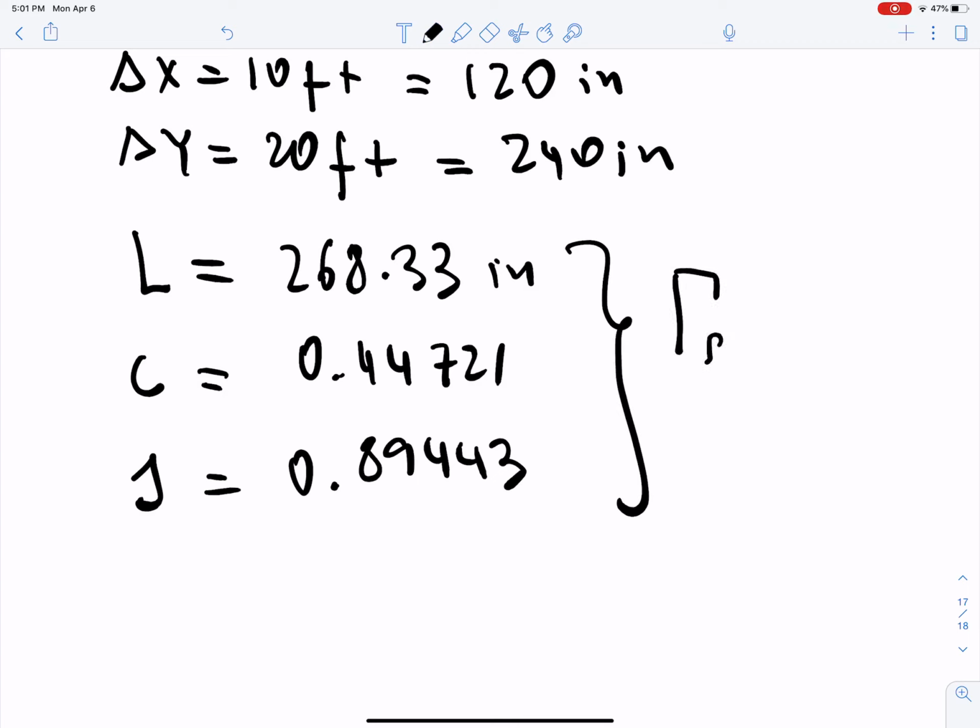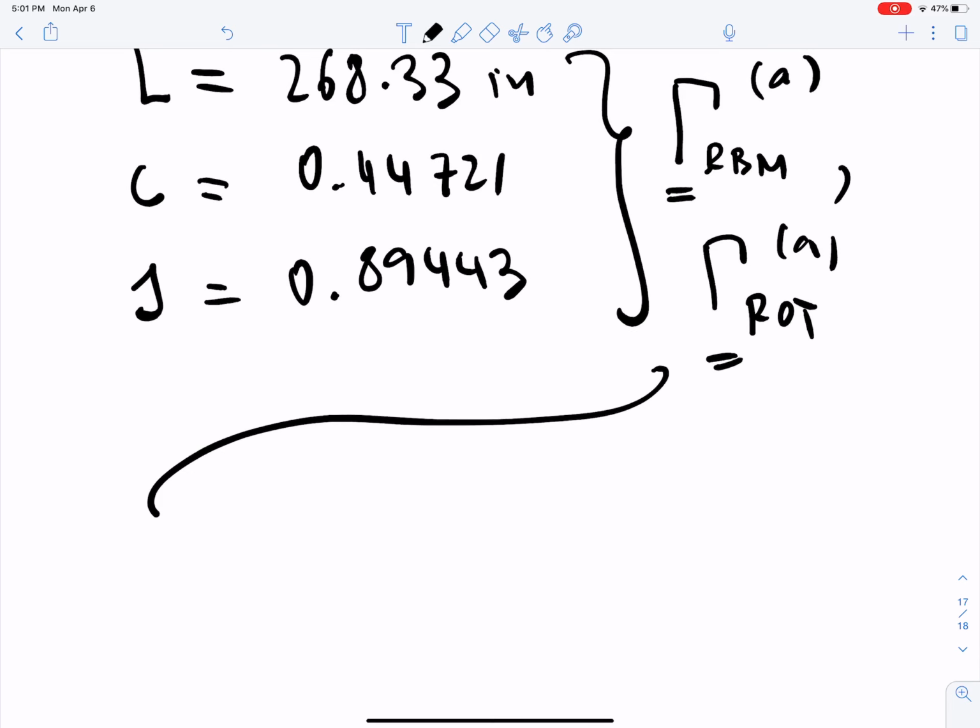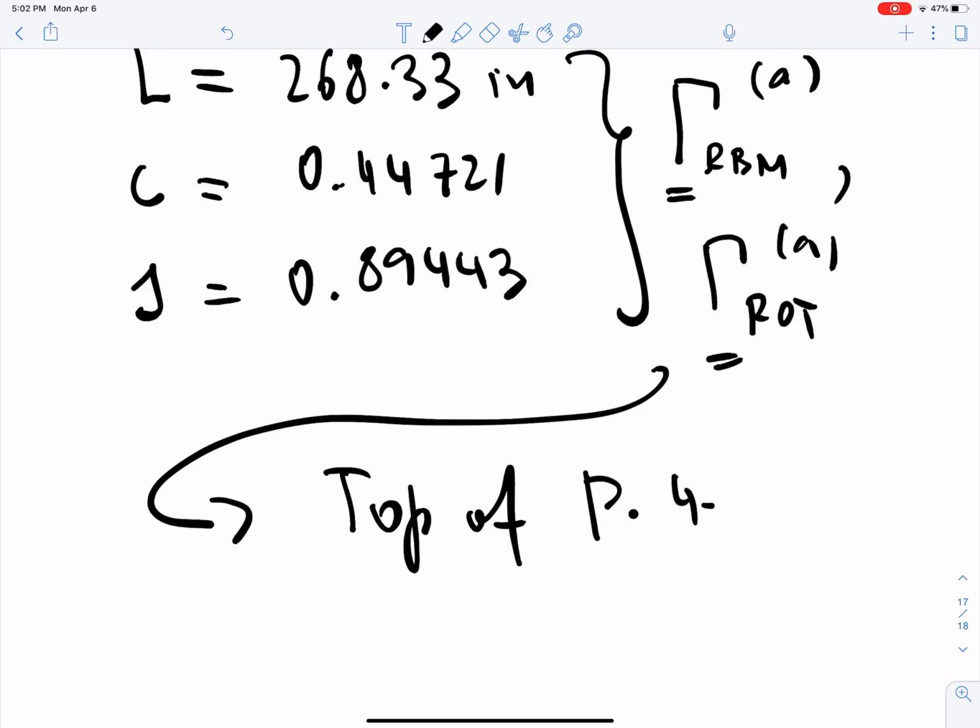Gamma RBM for element A, and gamma ROT for element A. Now for the expressions for gamma RBM and ROT, I'm going to point you to the top of page 435.